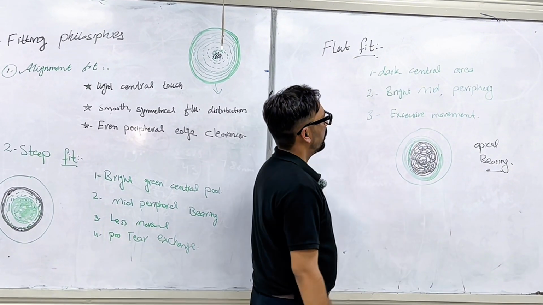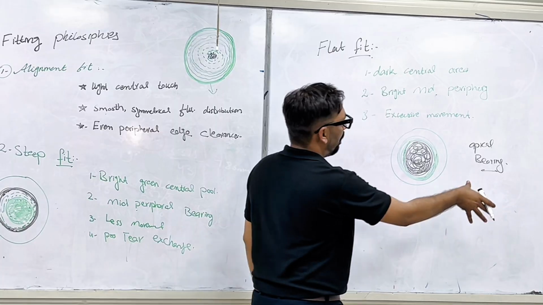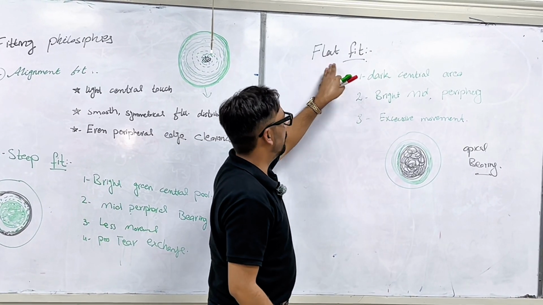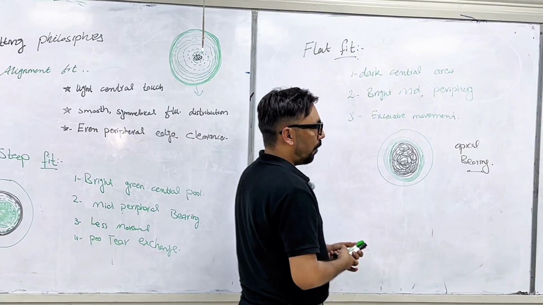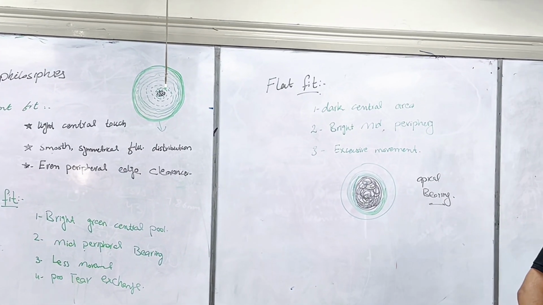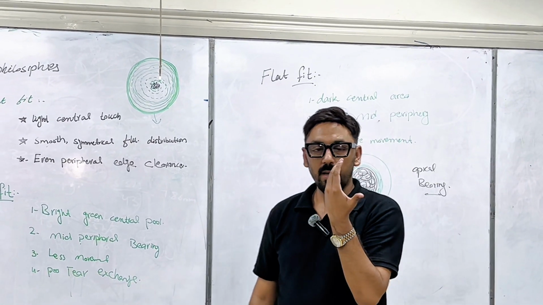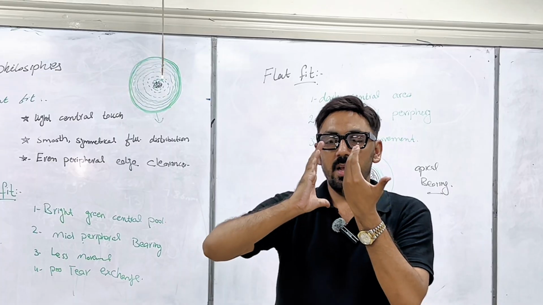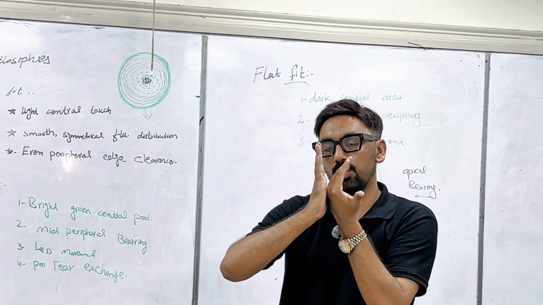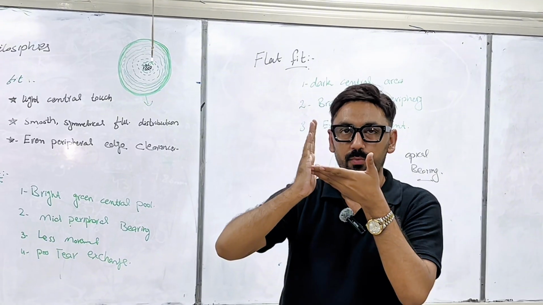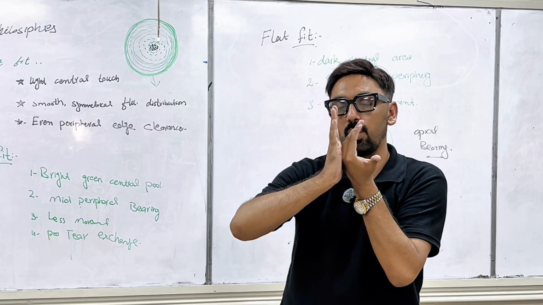So if you have apical bearing, it means the fitting is flat, right? And flat fitting means, for example, this is the cornea again, this is the lens, and it will look like this. The central portion of the lens will attach to the central portion of the cornea like this.